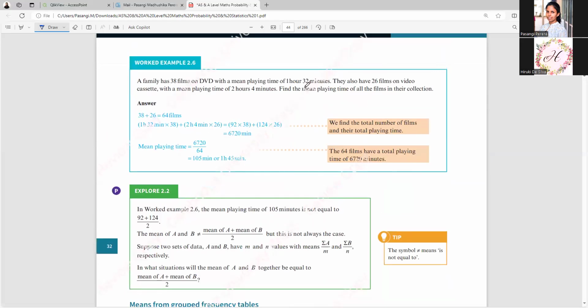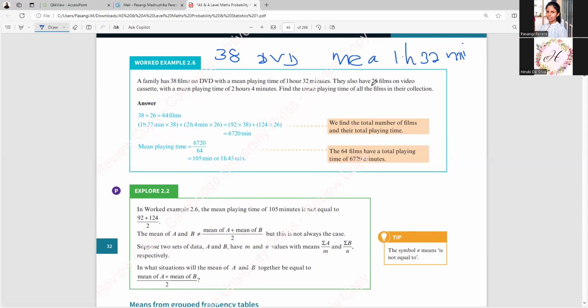Here we have a family that has 38 films on DVDs with a mean playing time of 1 hour and 32 minutes. For example, we have 38 films now, and the mean value for that is 1 hour and 32 minutes.